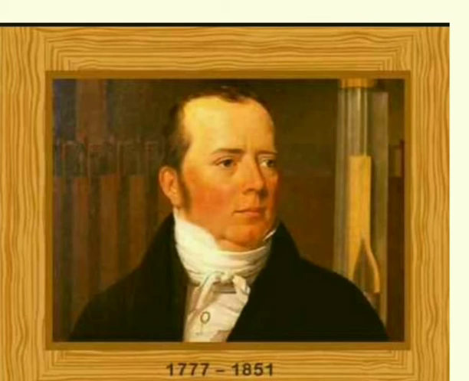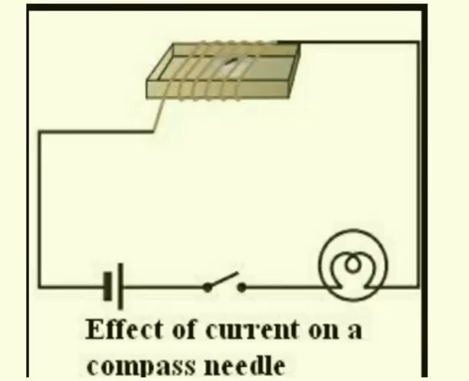Now let us perform an activity to understand the magnetic effect of current. For that, take the cardboard tray from inside a discarded matchbox and wrap an electric wire around the cardboard tray. As you can see here in the picture, place a small compass needle inside it.